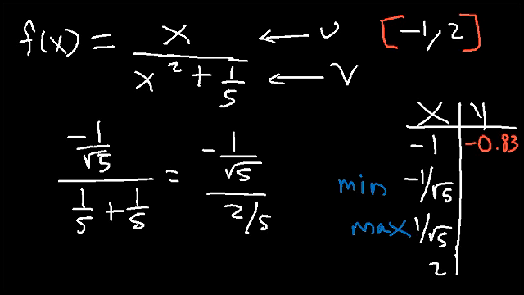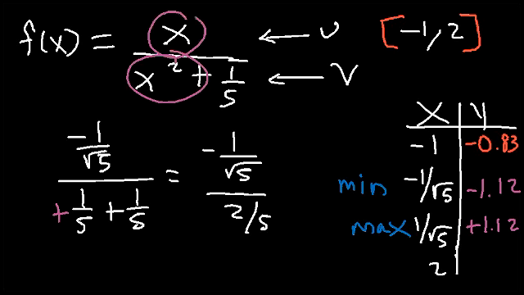So the exact value is negative root 5 over 2, but as a decimal, it's about negative 1.12. Now this number is going to be the same, but it's going to be positive. It's positive 1.12. After you square it, this is going to be positive, and the numerator is going to be positive.